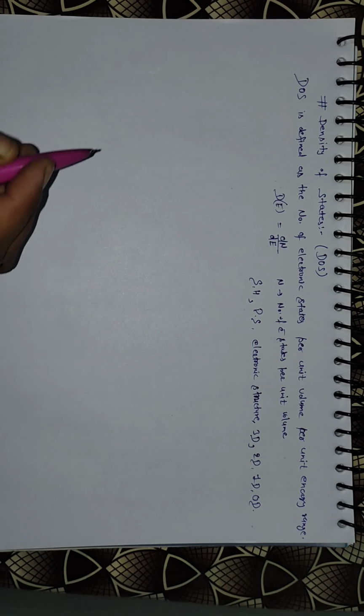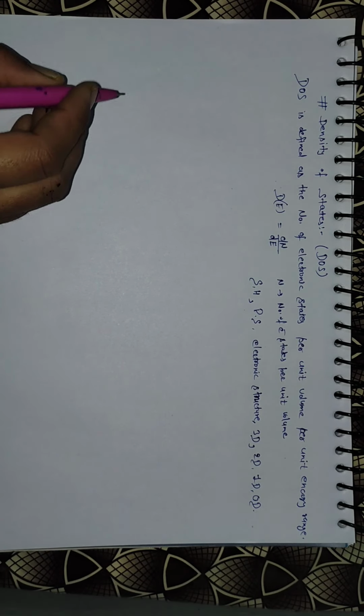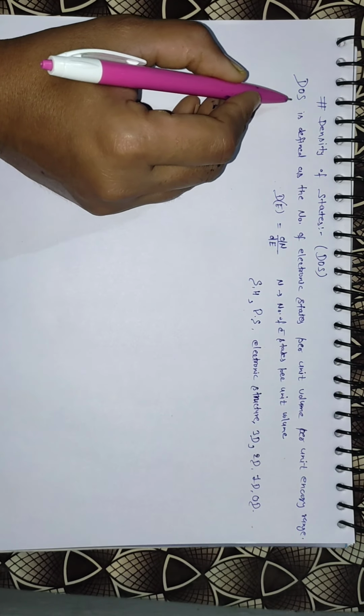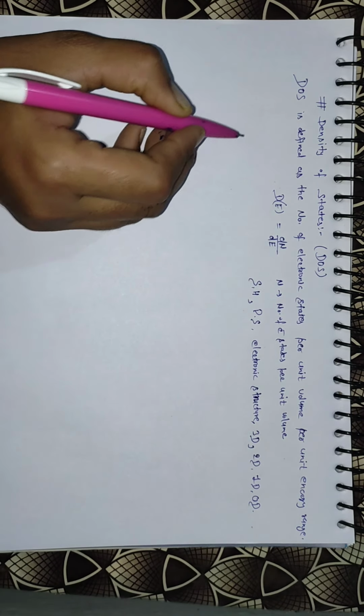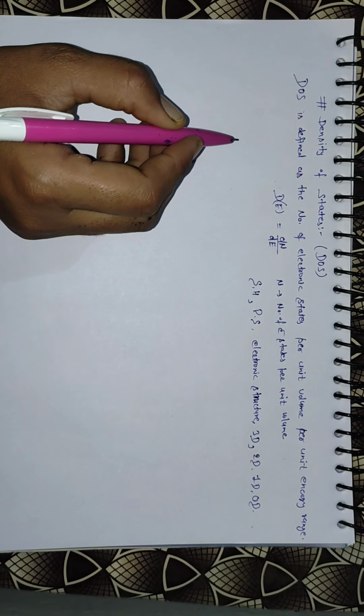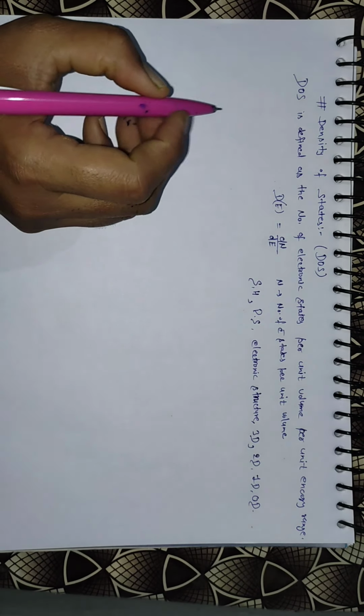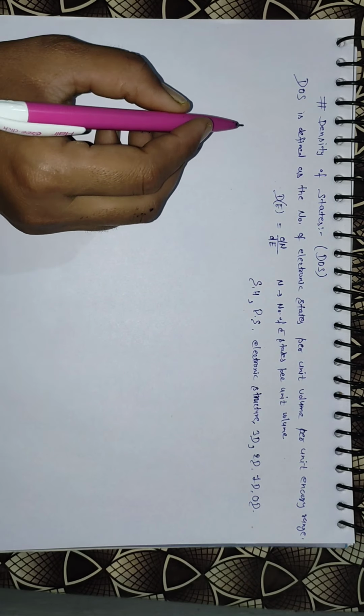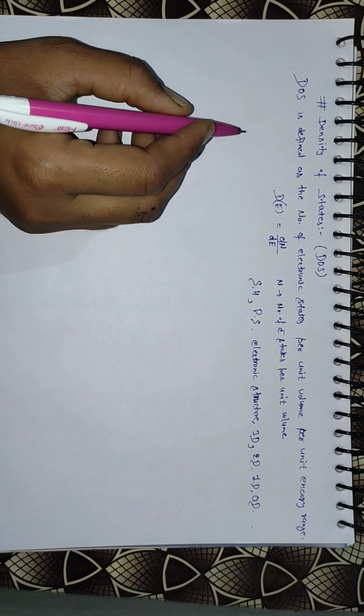So we are studying in this article density of states for 3D bulk material, 2D material as a quantum well, 1D material as a quantum wire, and 0D material as a quantum particle, quantum dot.